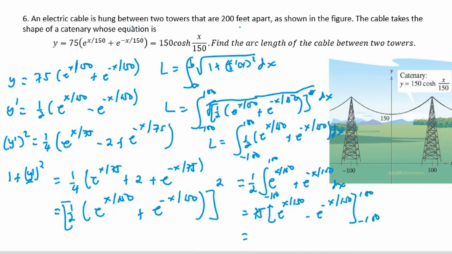Evaluating this gives us 150 times e raised to 2/3 minus e raised to negative 2/3. That's the length, approximately 215 feet.